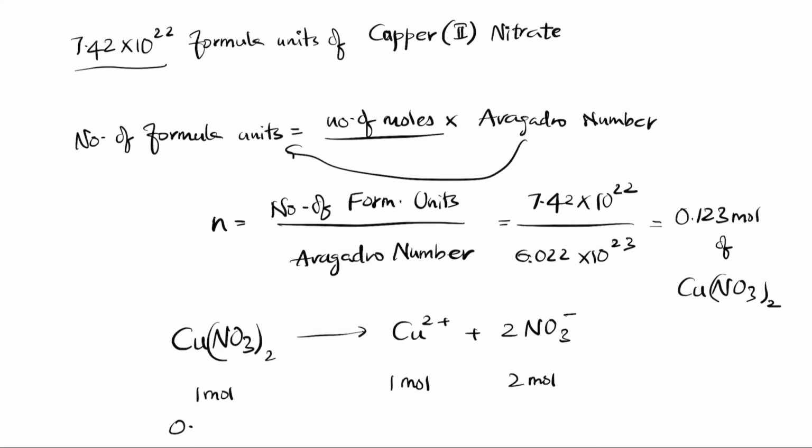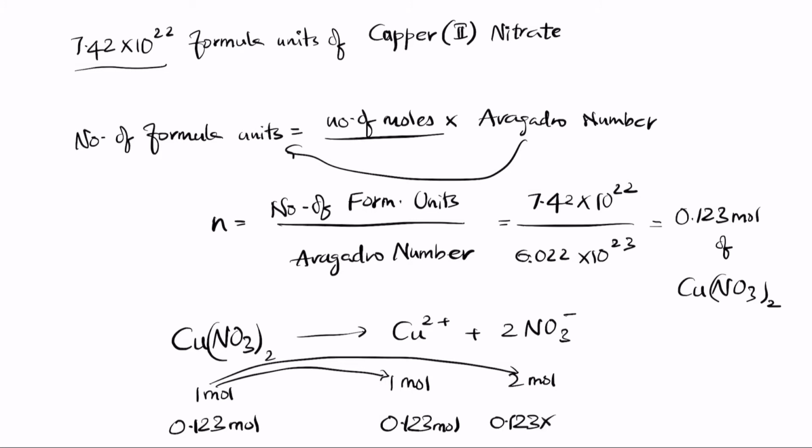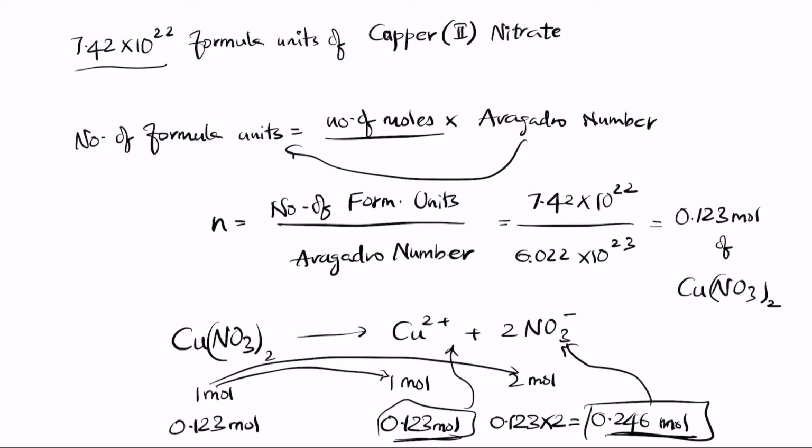If this is 0.123 mole, it's a 1:1 ratio, so this will also be 0.123 mole. But this is 1:2, which means twice the value. So 0.123 times 2 becomes 0.246 mole of nitrate. So 0.123 mole of copper and 0.246 mole of nitrate. This is how you can find the values.